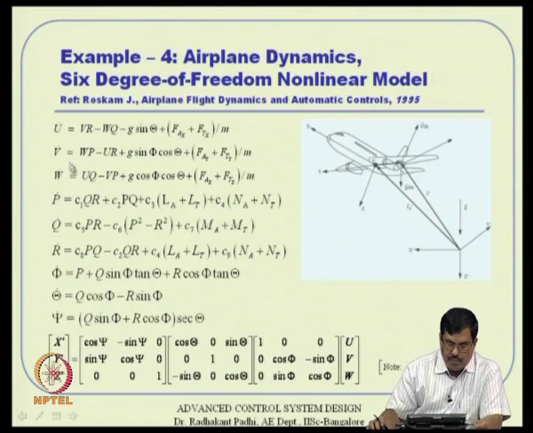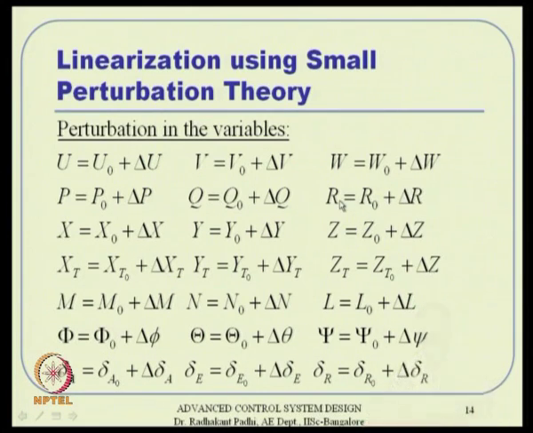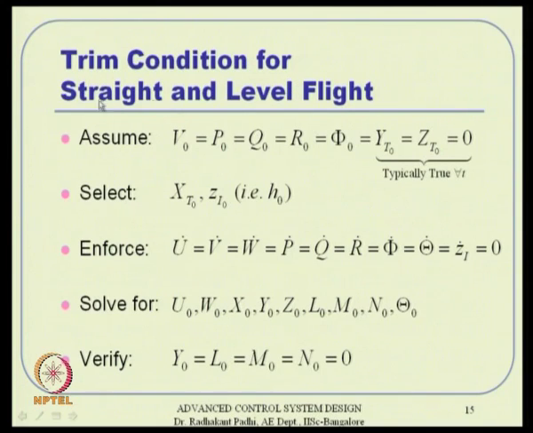We have these system states, and what we are doing here is perturbing these variables all over. Now, the variables with a suffix 0 are nothing but operating variables. That is what you either have to select or solve for, either way. One way to do that is to assume straight and level flight and assume all these conditions are 0. Then we select these variables and enforce these equations.